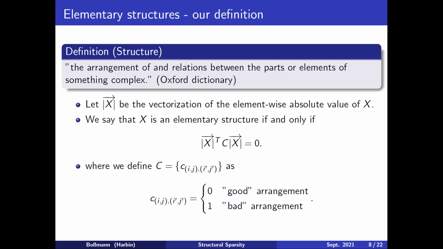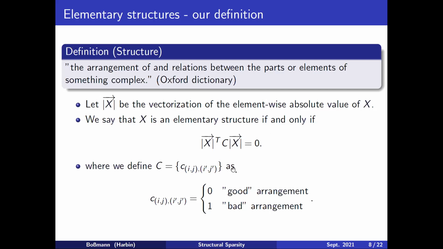And we say that if this relation we are calculating here is 0, then it is a good relation, so it's an elementary structure. If this is non-zero, then there is at least one pair that is somehow destroying our structure, so we say it is not an elementary structure.